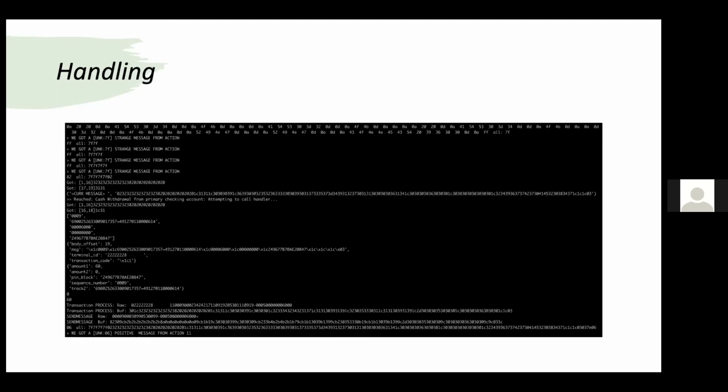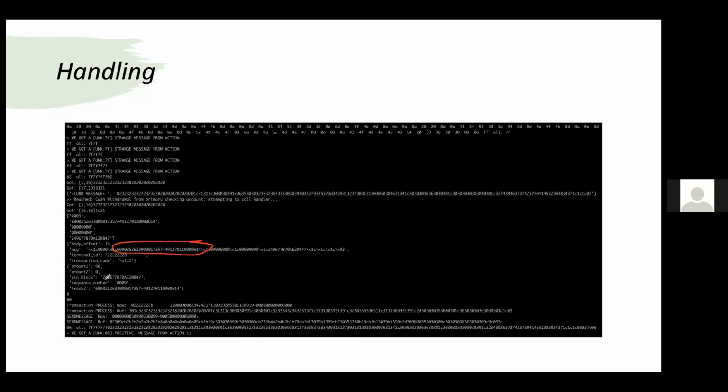So when we take a look at this, you can see where we get a strained message and it ignores it. And then you can see it actually decodes the message. In here is actually a credit card. There we go. This is the credit card, and that's actually the track data.